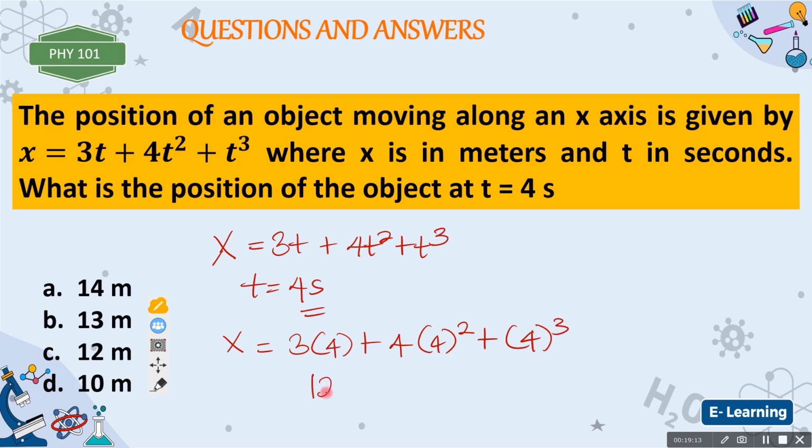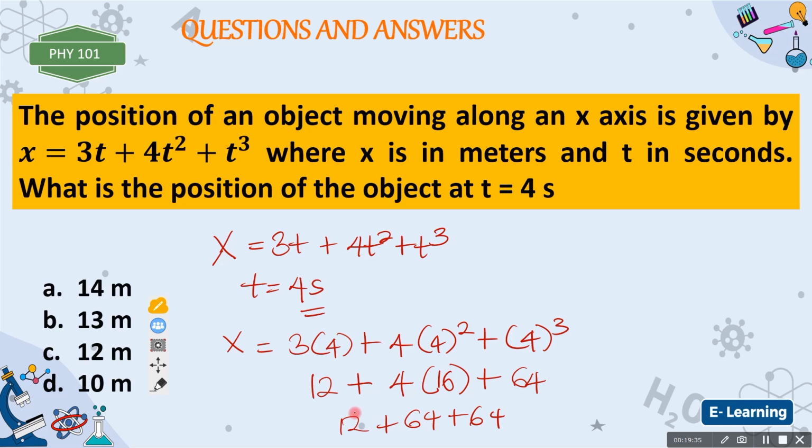3 times 4 will give us 12. Plus 4 times 4 squared is 16, so that is 64. Plus 4 raised to the power of 3 is 64. So we have 12 plus 64 plus 64.